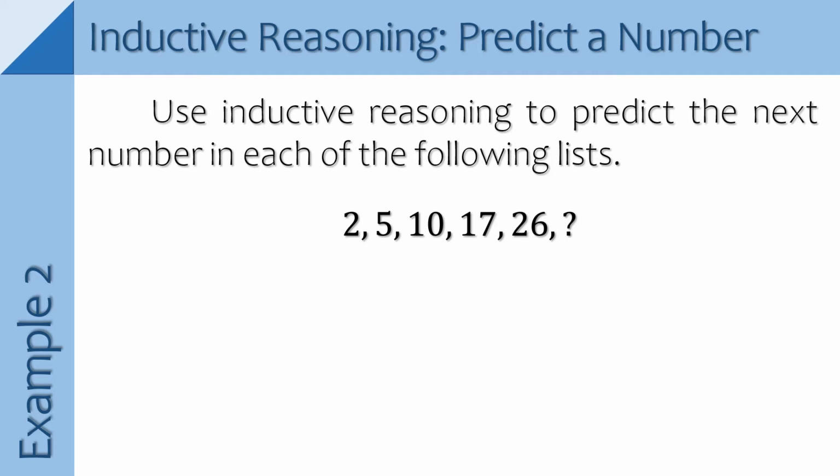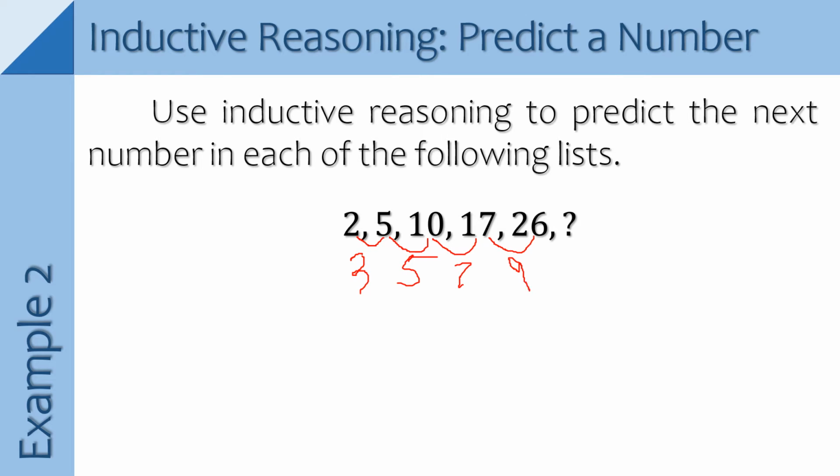What is the relationship of 5 to 2, 10 to 5, 17 to 10, and 26 to 17? Let's try to get the difference. We have 5 minus 2, that is 3. 10 minus 5 is 5. 17 minus 10 is 7. And 26 minus 17 is 9.